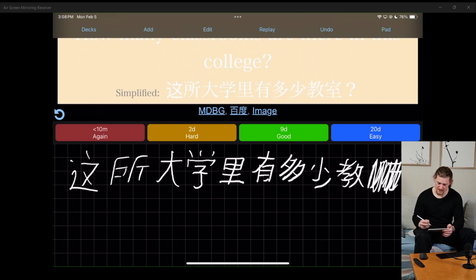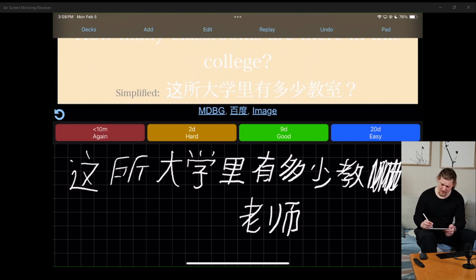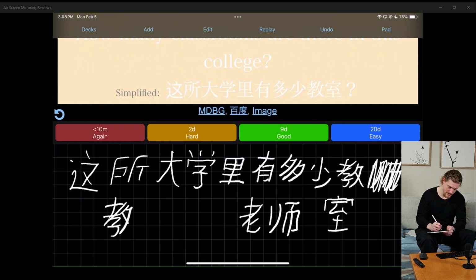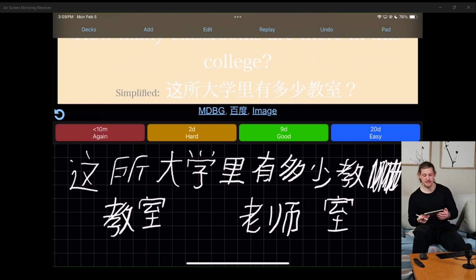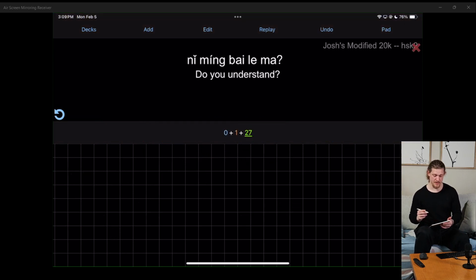I put 老师的师. If I were writing teacher, it's 老师. It would be like that. So I wrote 教室, but this should mean classrooms. So I have gotten it incorrect. Alright, so I'm going to write that one more time. 教室. And that's what I should have written. So the rest of it's right, but obviously got that one wrong.